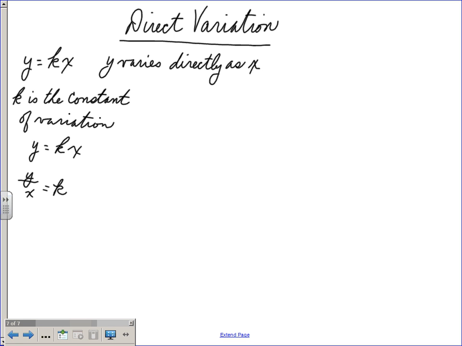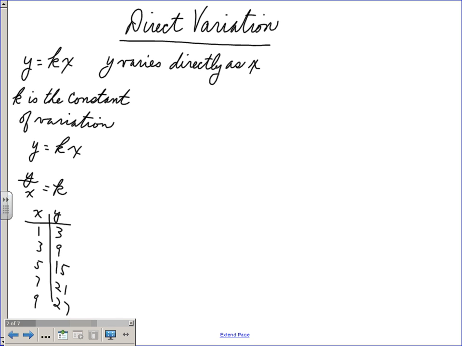Well, in order to find k, maybe we have a table of values, and they might ask you, take some points here. And the question might be, does this represent direct variation?